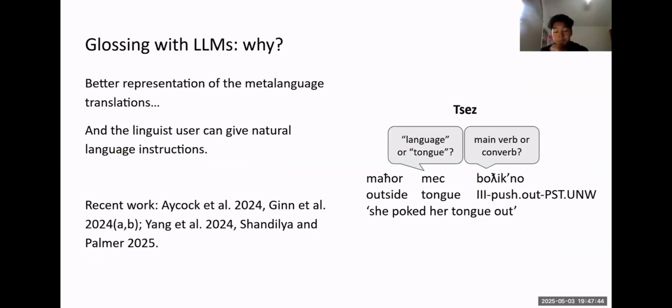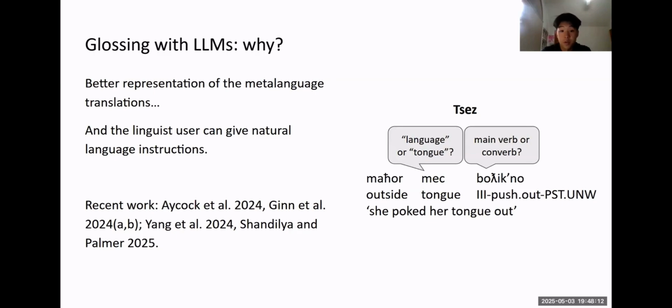There are multiple reasons why this form of documentation is commonly used for these revitalization and documentation projects. Firstly, it allows for an easier and more simplified representation of the language and its translations. It's very easy to see when you have each word placed and split up so you can see all the parts of the sentence.